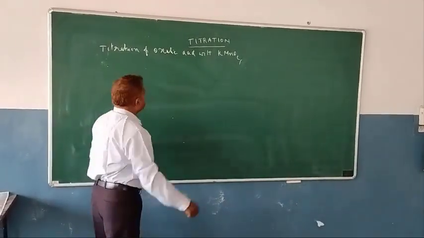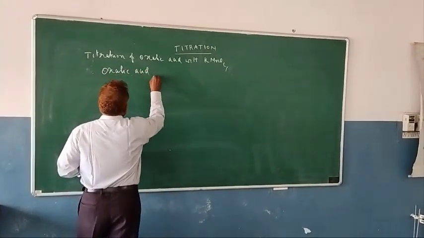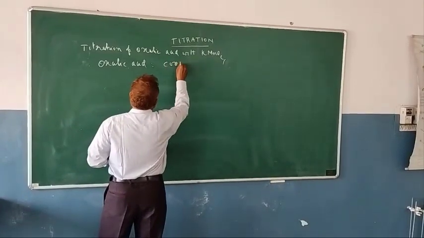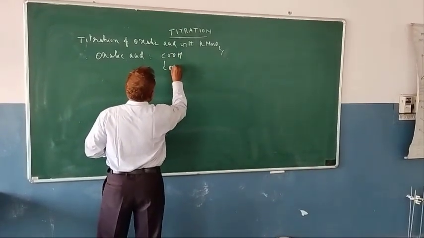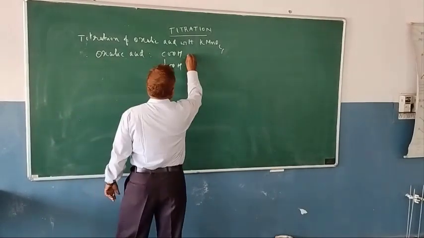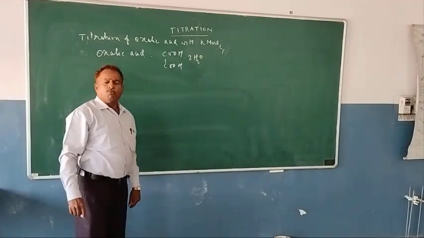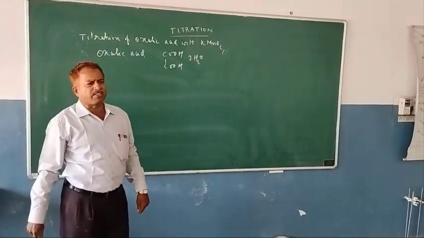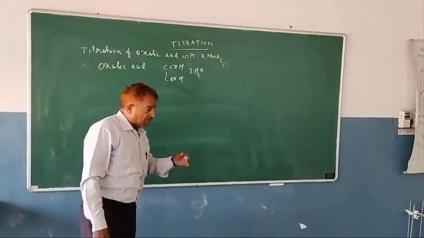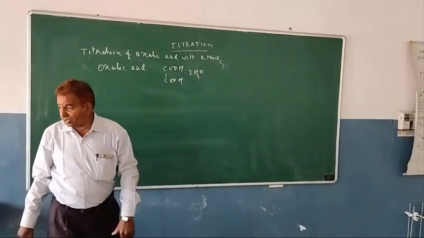What is oxalic acid? Oxalic acid is COOH, COOH. It is a dicarboxylic acid, with 2H2O. This is referred to as water of crystallization. Most of the chemicals have water of crystallization. Water of crystallization means a certain number of water molecules are associated with one molecule of the given substance.